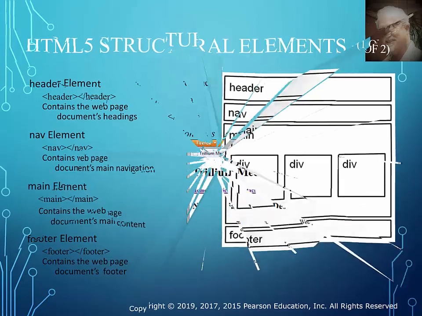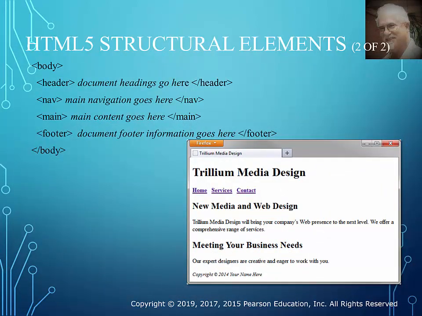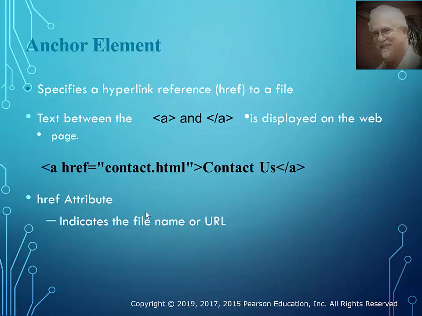They are used, as you might guess, nav for navigation. Here's a typical structure, if you will. You have a body, you have a header, you have nav, you have main. You probably have some divs inside there. You have the footer, the end of the body. So all these things are nested within each other. This is a common kind of structure. I'm not limited to this, but this is pretty common.